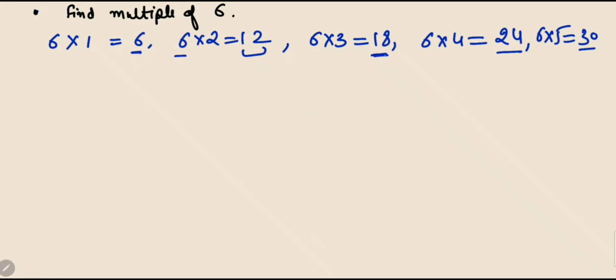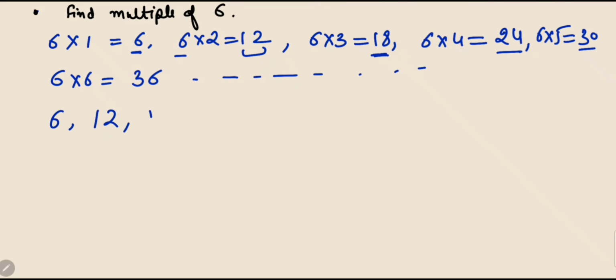All these are multiples of 6. Similarly, 6 into 6 is equal to 36, and we can find an infinite number of multiples of 6. So what are the multiples of 6? 6, 12, 18, 24, 30, 36. All these are the multiples of 6.